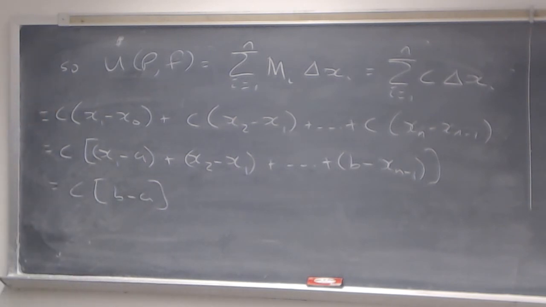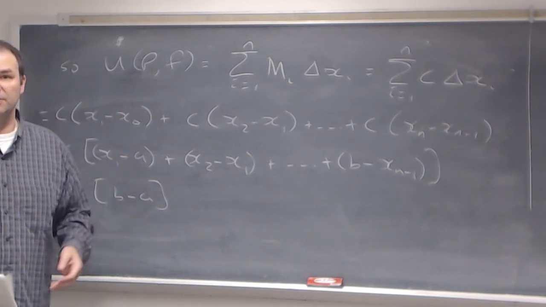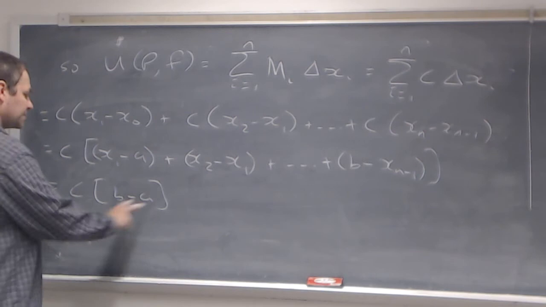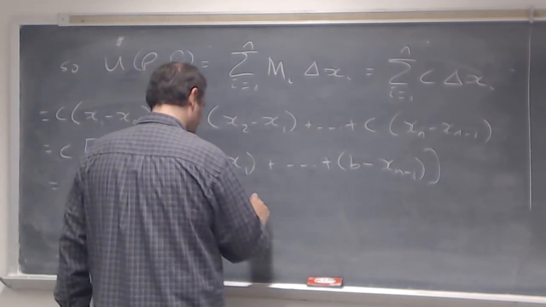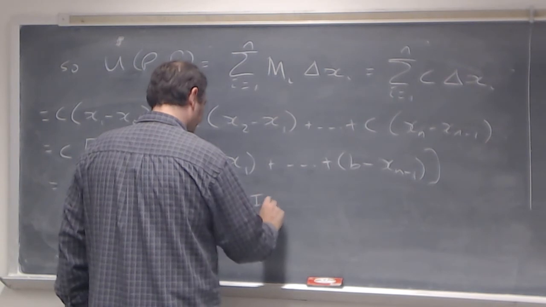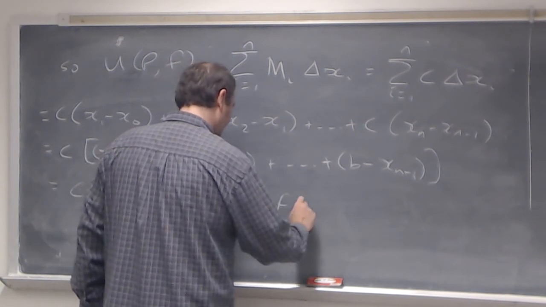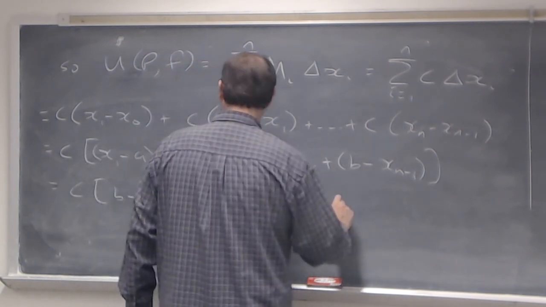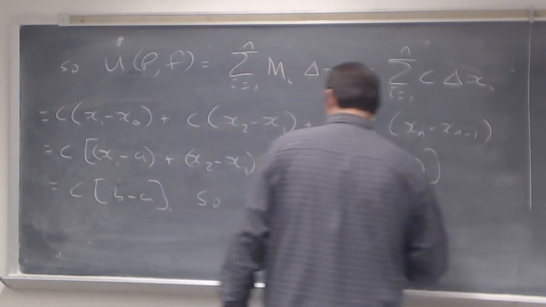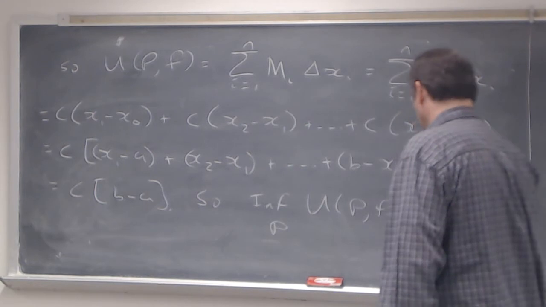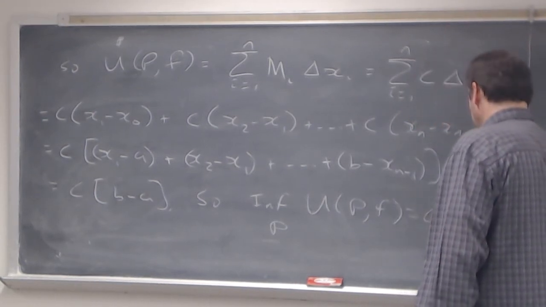So that's what the upper Riemann sum is for this particular generic partition. That's what we get no matter what the partition is. So what that says is the infimum over all P's of these upper Riemann sums, well, since they're all the same as this, is going to be equal to C times b minus a.